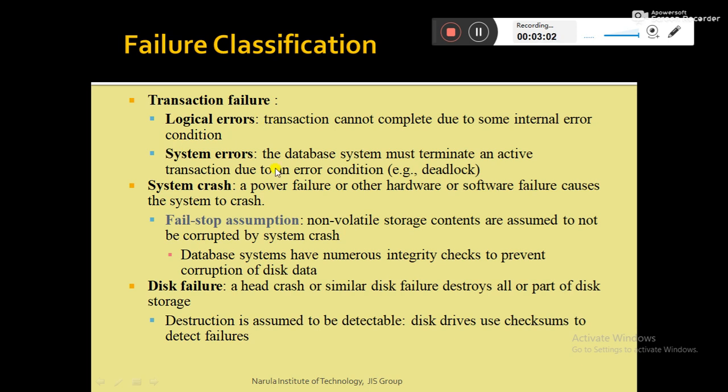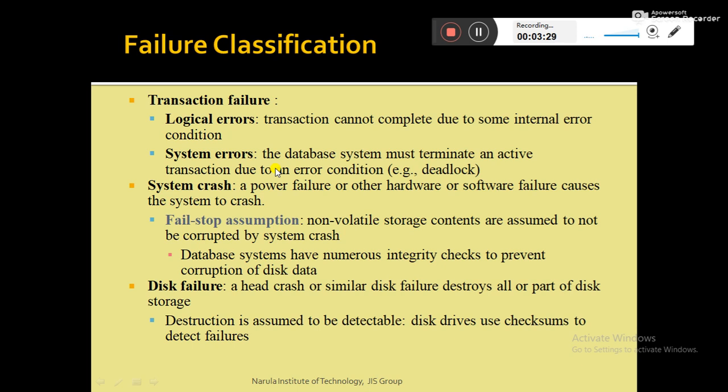The other is system error. Suppose a transaction code has been written in such a way that it does not follow the two-phase locking protocol or timestamp based protocol, meaning a concurrency control scheme has not been employed. That is why more than one transaction may try to access a common database item, which may lead to a deadlock scenario.